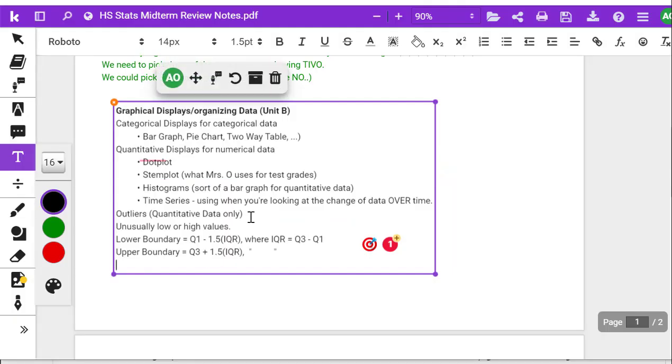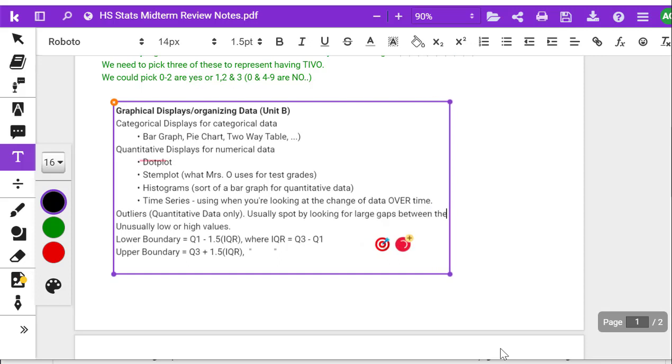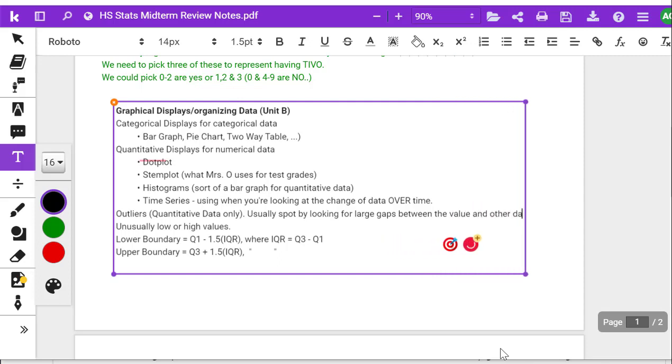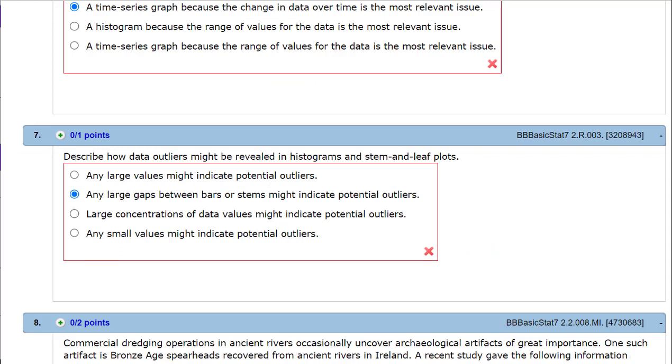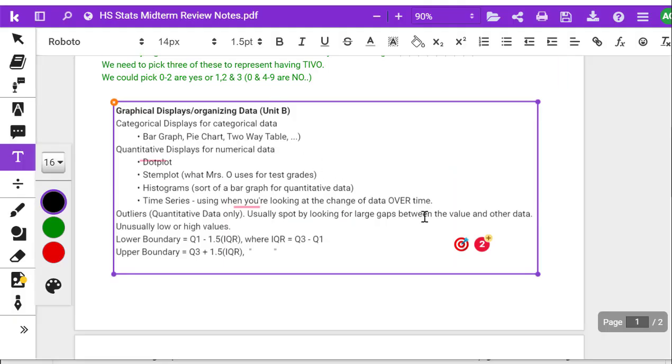So usually spot by looking for large gaps between the value and other data. All right, what was the other thing they said? They said large gaps, small values can be high or low, I think is what I should tell you. Outliers can be high or low values. So I already have all that. Okay, so that's outliers.